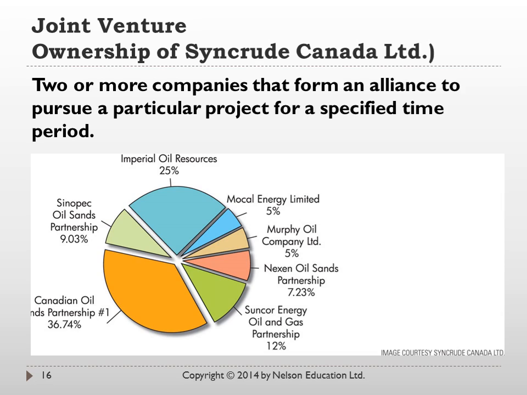Another form of business organization in Canada is something that's called a joint venture. And a joint venture is different from other forms of business in that they're really not a separate legal entity. All they are is an agreement between two or more companies that agree to pursue a particular specific business activity or a specific project for a certain period of time.